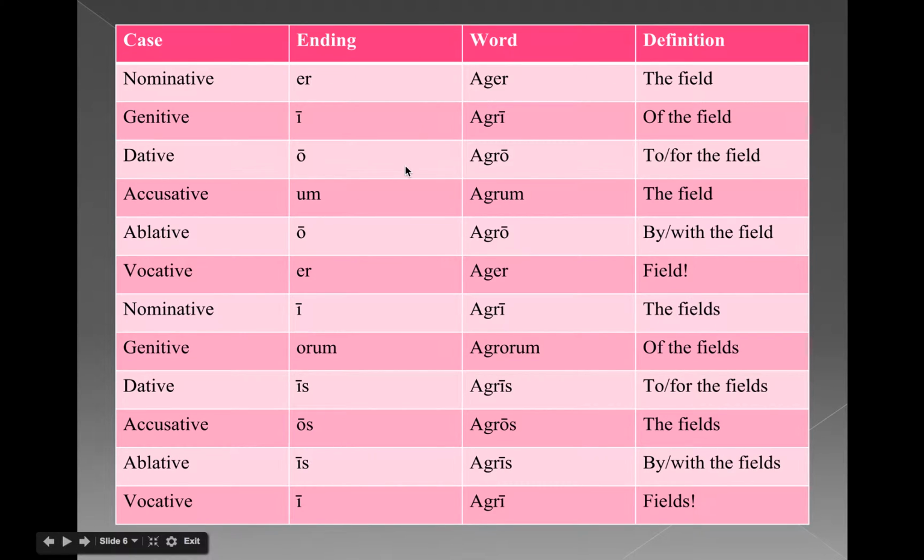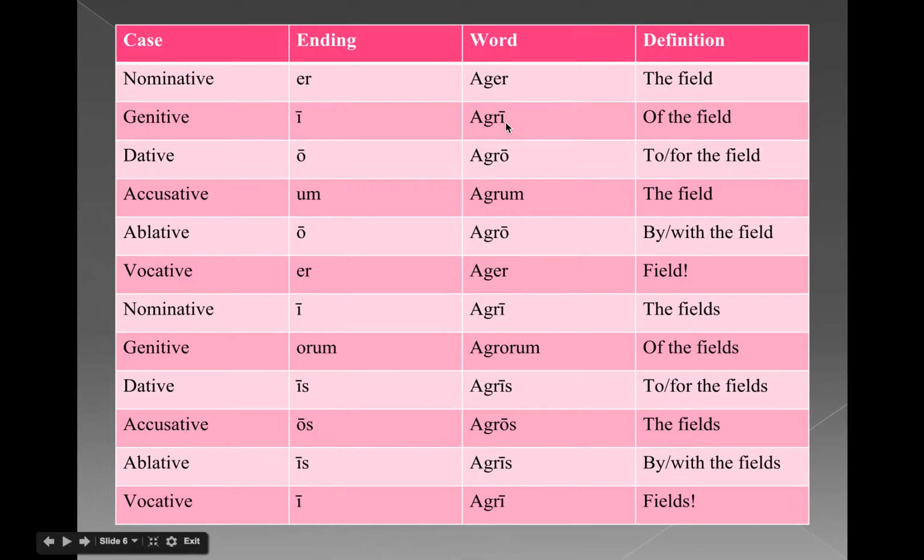Okay, so hopefully you're taking a look now, and you can see that you hopefully got them right. The big caveat with this one, and the reason we chose this one, is that notice we go from ager to agri. So you had to look at that second principal part to get your stem, which is agr-, because notice that there's no e until you get to that vocative again, and then the e disappears again.